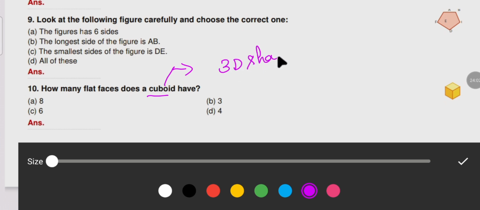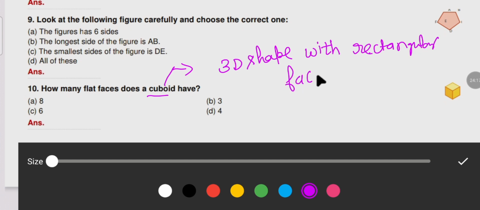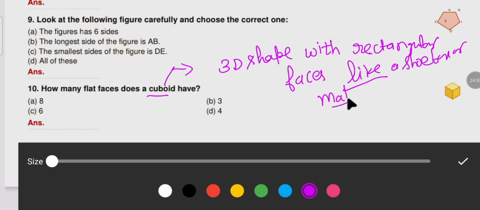A cuboid is a 3D shape with rectangular faces, like a shoebox, or we can give the example of a matchbox. I have already told you about it. Matchbox.